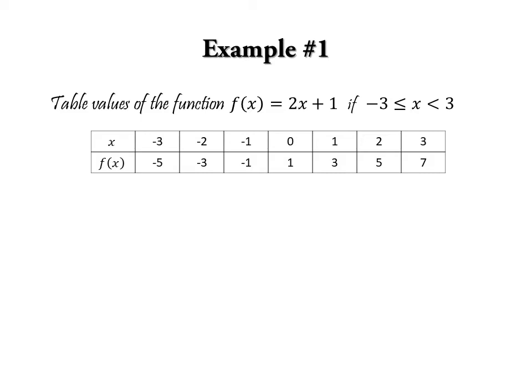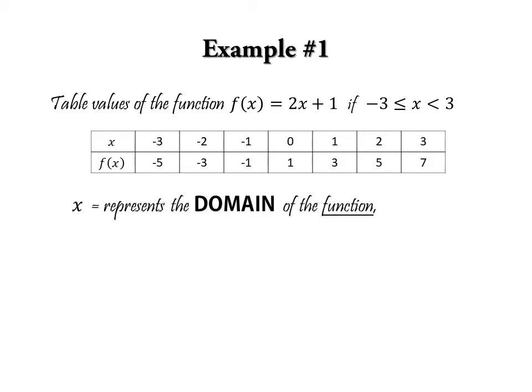If it is minus 2, then the value of function is minus 3. If x is minus 1, the value of your function is minus 1. And if x is 0, then the value of your function is 1. If your x is 1, then the value of your function is 3. If x is 2, the value of your function is 5. And x is 3, then the value of function is 7.